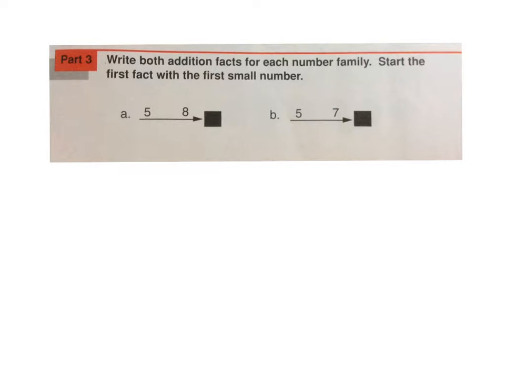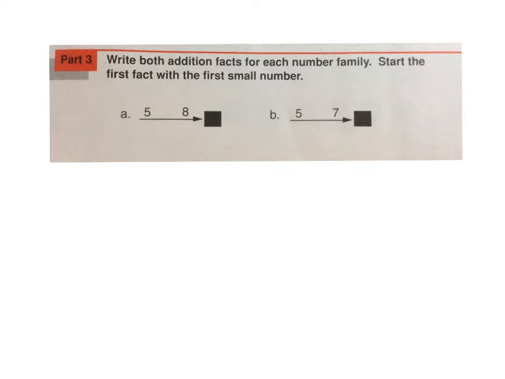Okay, so for part 3, we've been working with number families where one of the small numbers is 5. So what they want you to do here is you have to write both addition facts, which means you have to write 2 facts for A and 2 facts for B. The rest of the instructions say to start the first fact with the first small number.